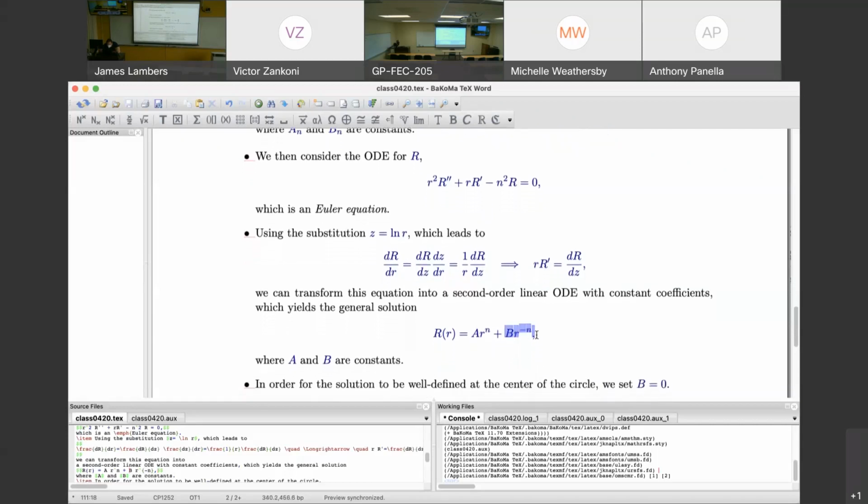Now, we're actually going to not include this term involving little r to the minus n. And the reason why is we want the solution to be well defined at the origin. But we have this here that we will be dividing by 0. So we only seek solutions of this form. And that's going to be enough to obtain a solution to our problem.